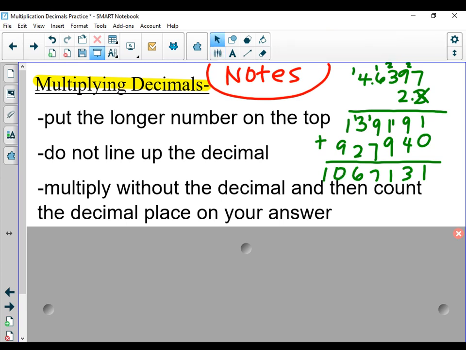At the end, it says count the decimal places on your answer. 1, 2, 3, 4, 5. That's where my decimal goes.